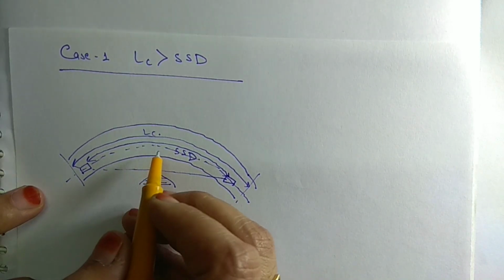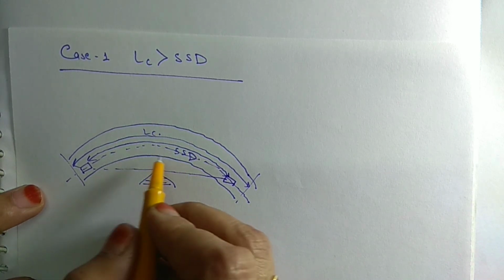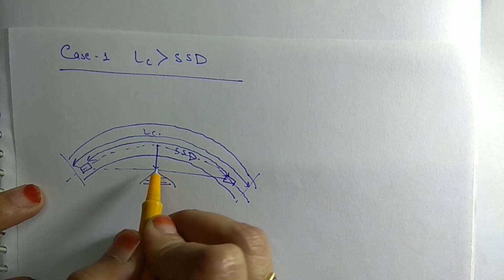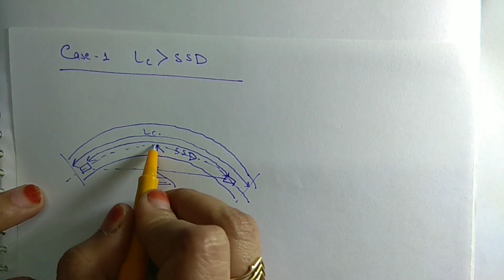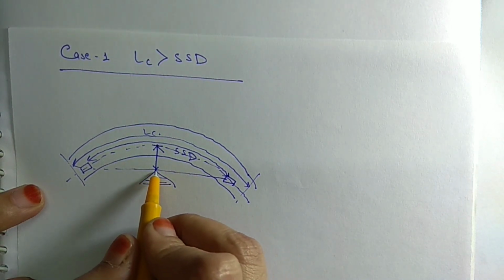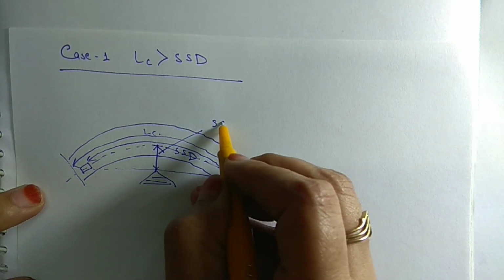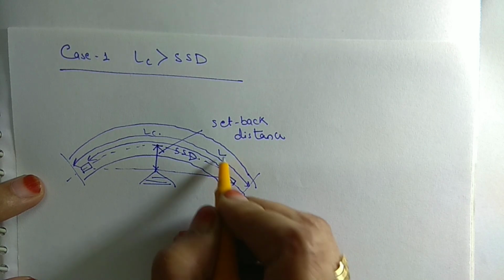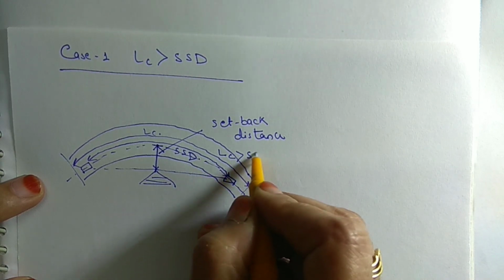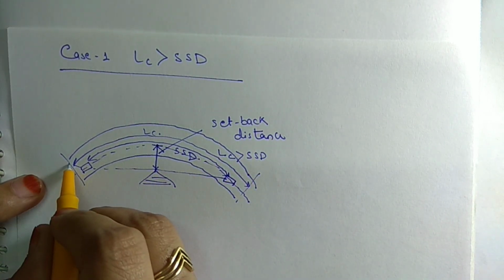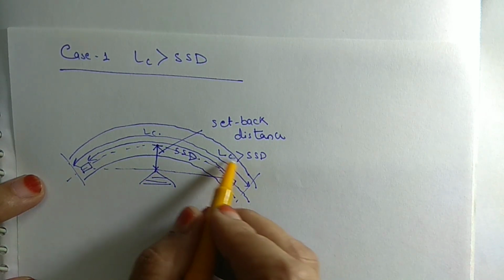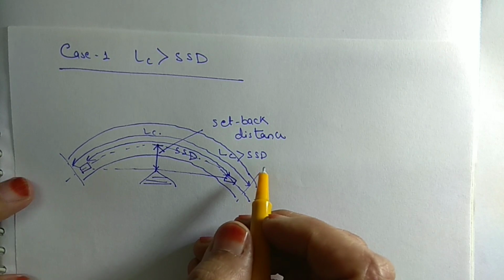So what is the setback distance? As I have told you earlier, this distance from the center line of this pavement to this point is the setback distance, and this is the case when length of curve is greater than SSD. As you can see, this is the length of curve and this is SSD. So length of curve is greater than SSD.